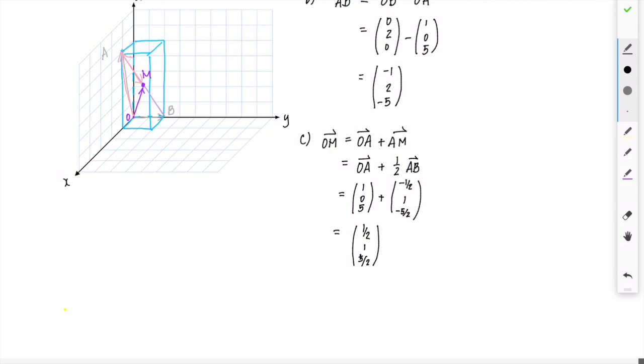You may also notice that this is a vector that is half of the sum of vector OA plus vector OB. So let me write this down.